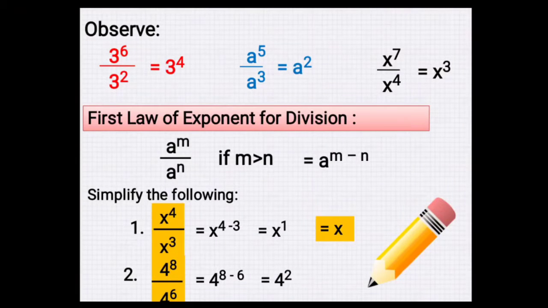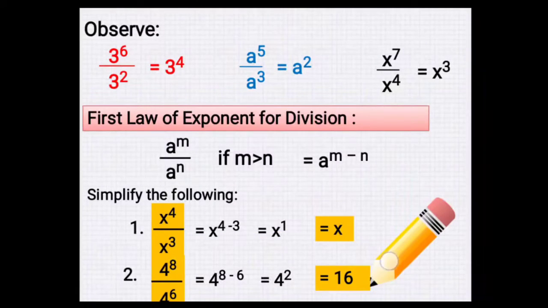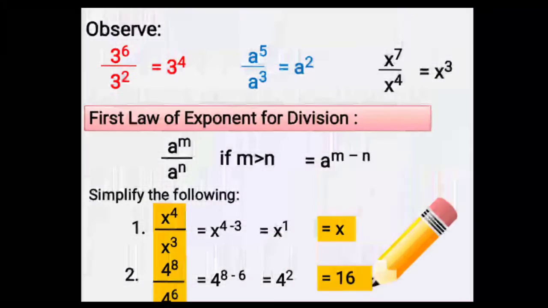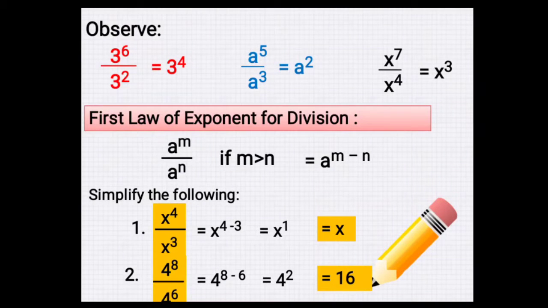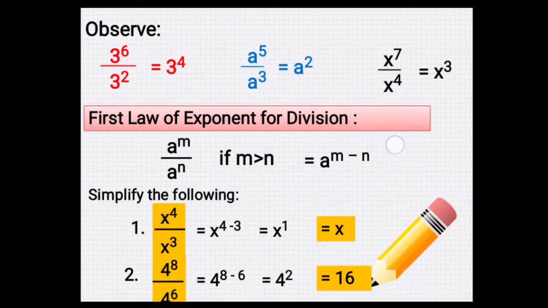And when we compute that, 4 squared is the same as 4 times 4, which is 16. Okay? That is the first law. Same base wherein the exponent of the numerator is greater than the exponent of the denominator. Therefore, the answer is a whole number wherein you have to subtract the exponents. Okay?